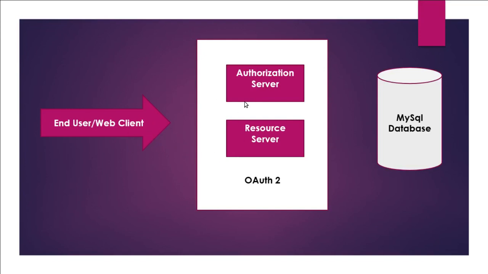Once I get the tokens from the authorization server, then we can communicate with the protected resources. And here I am using a database to store the user or client information. So this is an overview snap of what I am going to cover in this video.